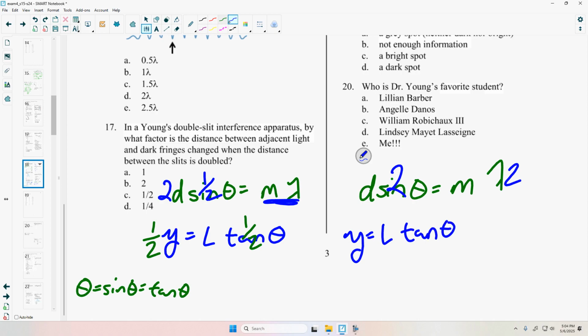That means that this changes by a factor of 2. And so in that case, my fringes are going to move apart. That's really the only other variation that you can have, Megan, is that I can change the slit spacing, or I can change the wavelength. Your order numbers are going to stay the same. Okay? Yeah. Same one.